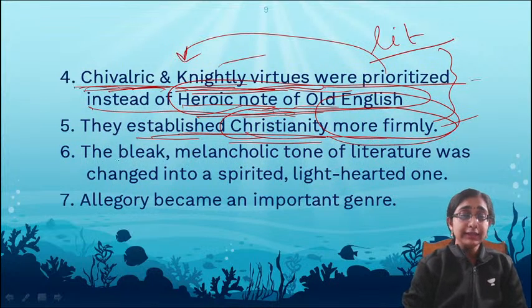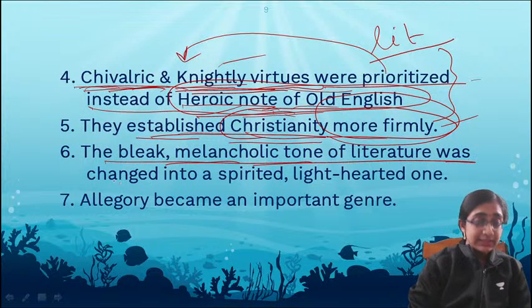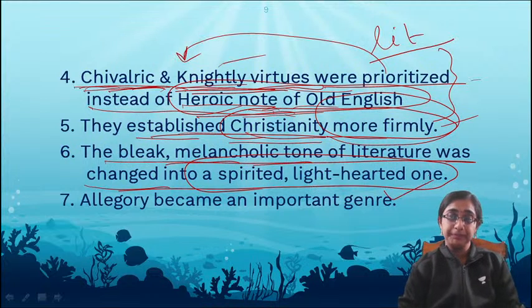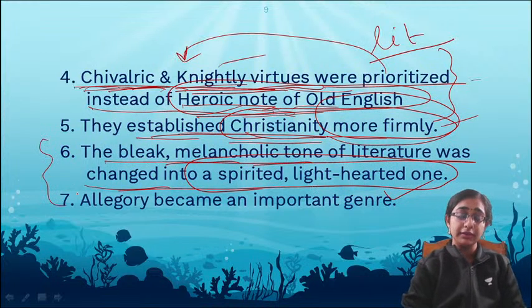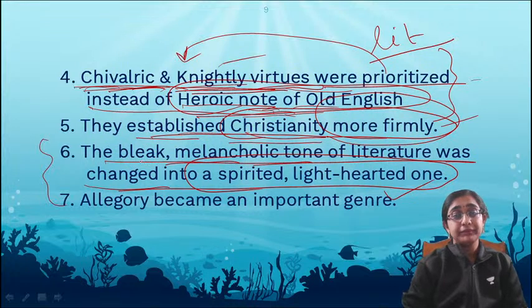The sixth important point is that the bleak, melancholic tone of literature was changed into a spirited, light-hearted one. It is an important shift in tone. As I have already told you, in the Anglo-Saxon age the melancholic note was prioritized.